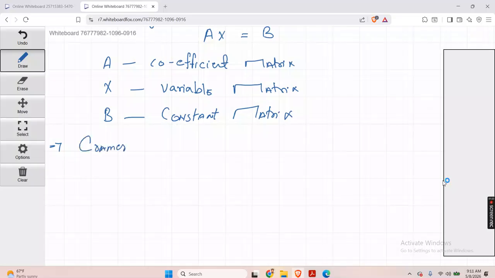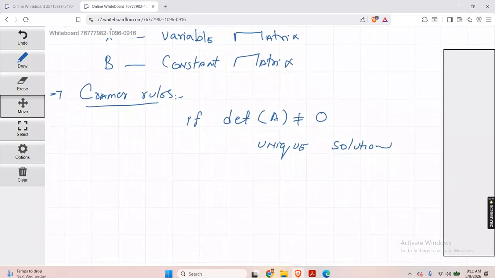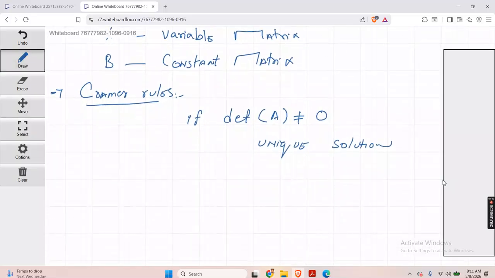Cramer rule says that if the determinant of A is not equal to 0, then it has a unique solution. And in this we are taking determinants two times.